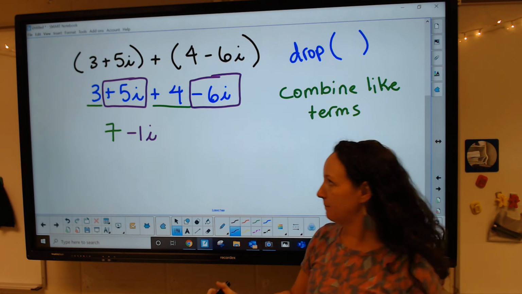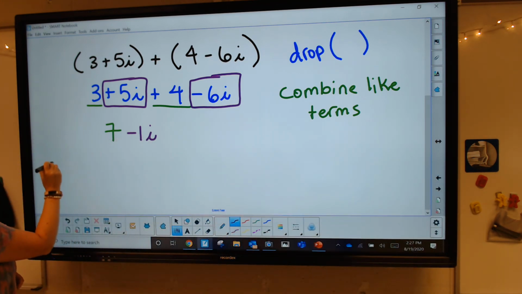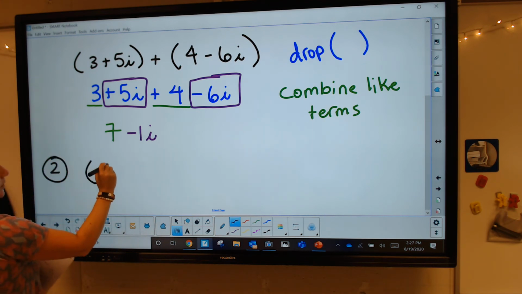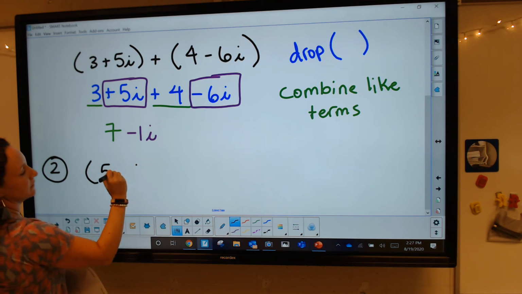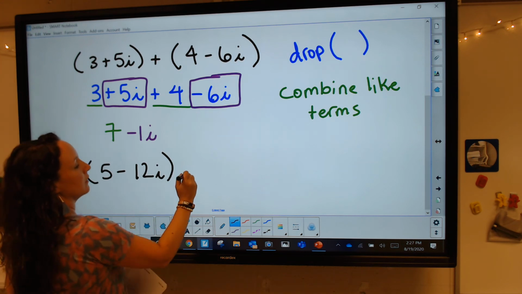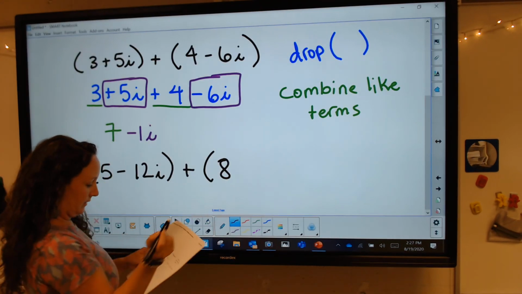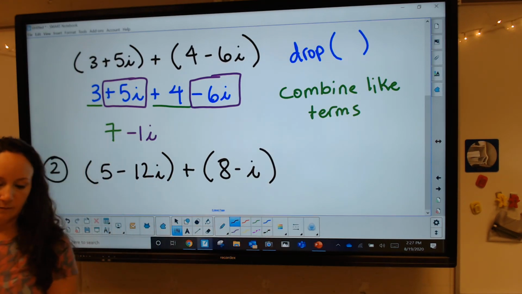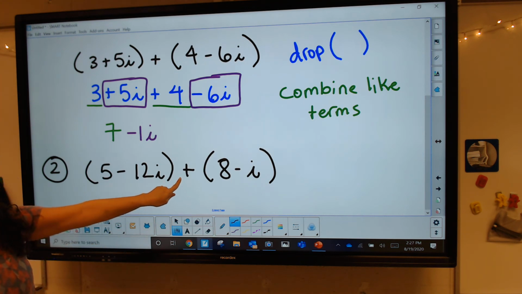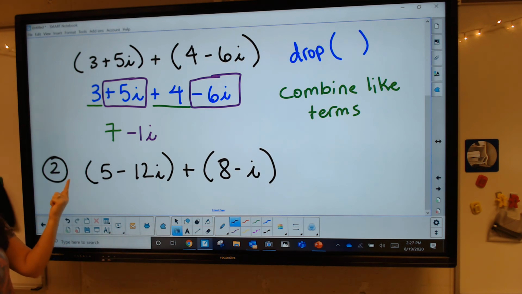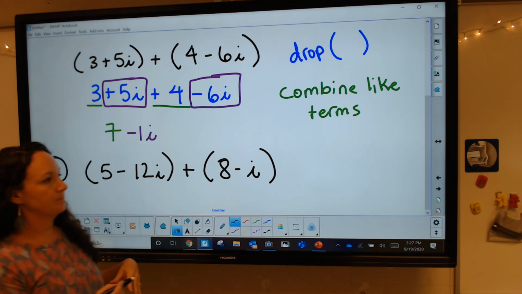So let me show you one more time. I've got 5 minus 12i plus 8 minus i. We're still just adding, so I can drop those parentheses. There's not a number out here that I have to distribute in. I'm just going to drop them.